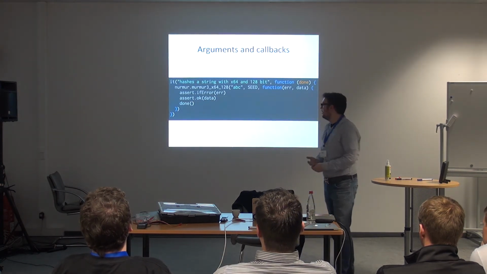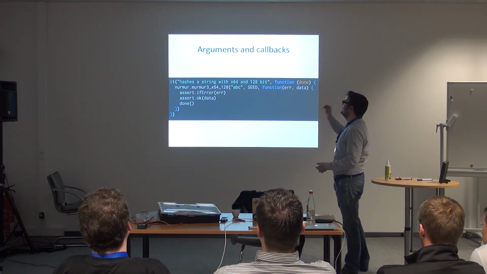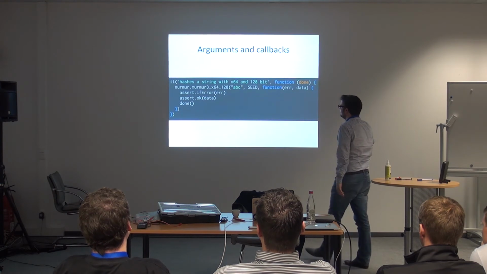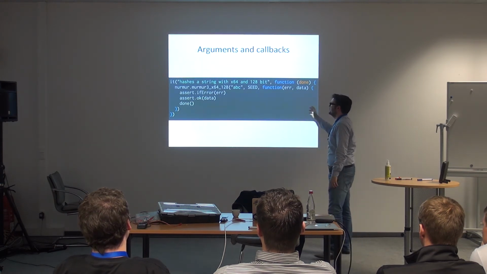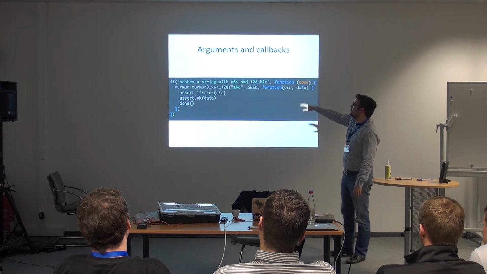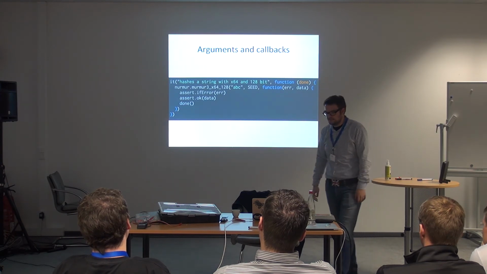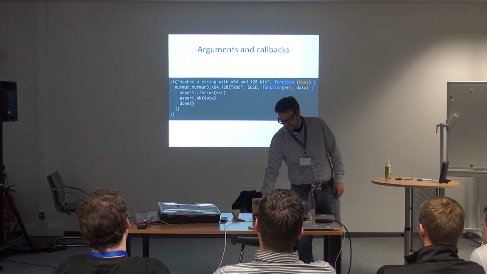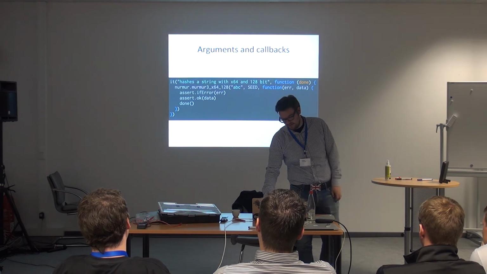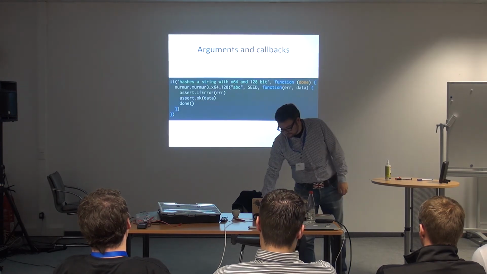In this case I'm not going to type this out. I created a little module, again, just to see how it was. I called it Murmur. It has Murmur and the special version for x64 128 bits. I'm going to pass it some data and the seed value, and I expect some data to be returned.